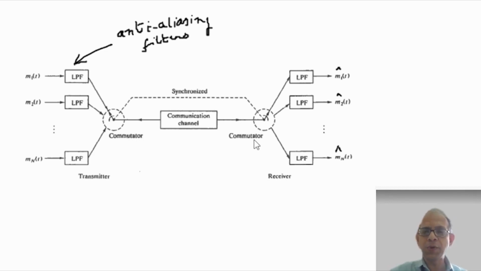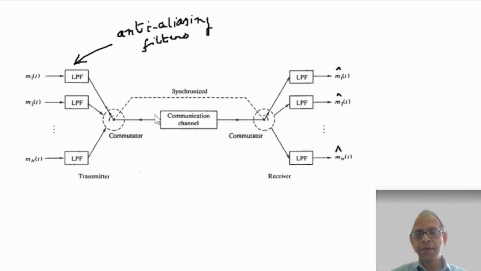An important point to note here is that this scheme shown here for time division multiplexing is common for a PAM-TDM system or PCM-TDM system, whether it is a pulse amplitude modulation time division multiplexing system or a pulse code modulation time division multiplexing system. The difference is that in pulse amplitude modulation, the pulses after sampling are transmitted directly.